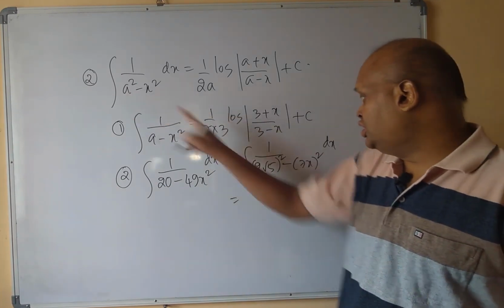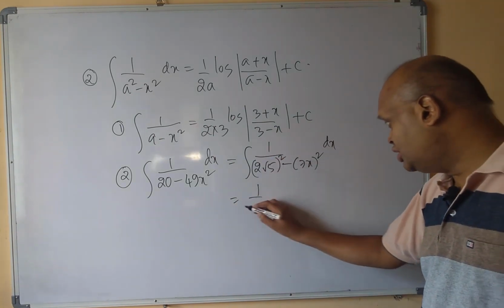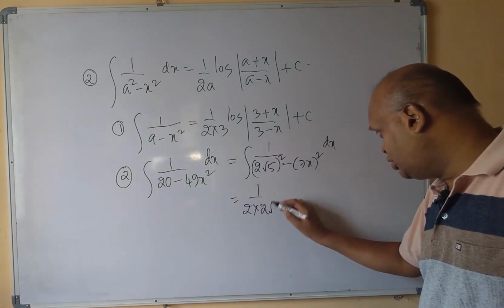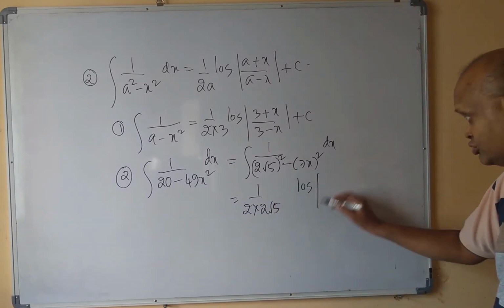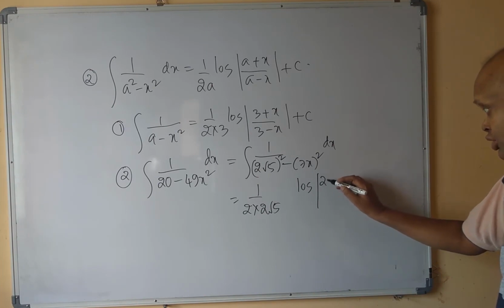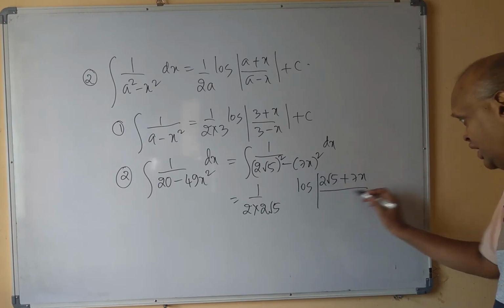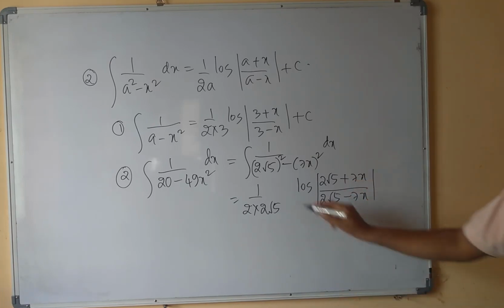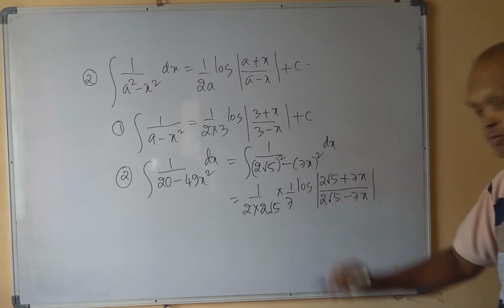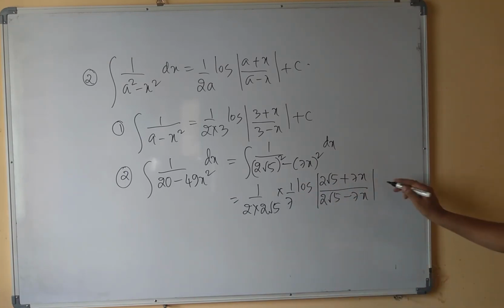What is a here? 2 root 5. So 1 by 2 into 2 root 5, into log of (2 root 5 plus 7x) divided by (2 root 5 minus 7x), and the coefficient of x gives 1 by 7, plus c.